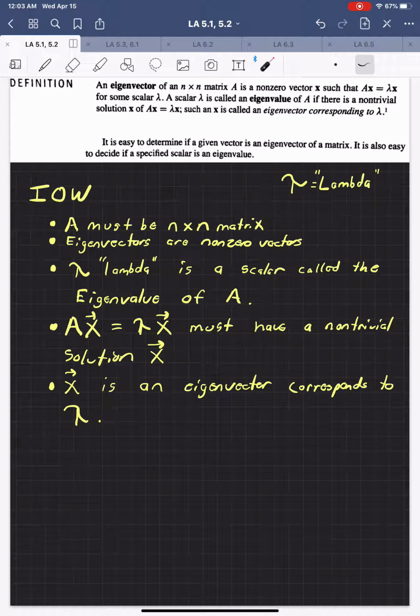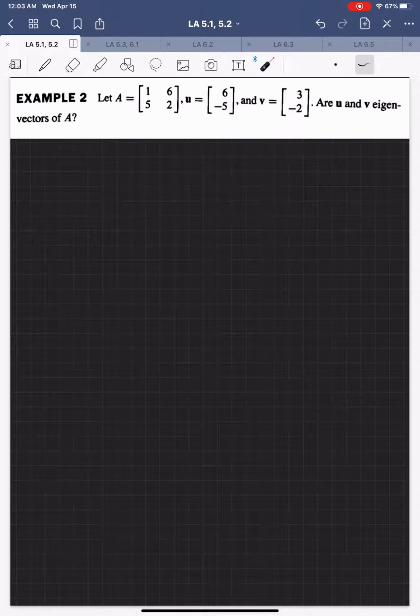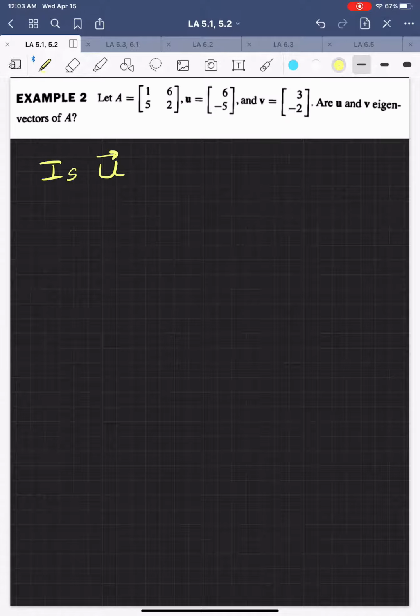And the solution is the eigenvector that corresponds to that eigenvalue. Now, what we're going to do right now is practice answering the question: is vector u an eigenvector of A?